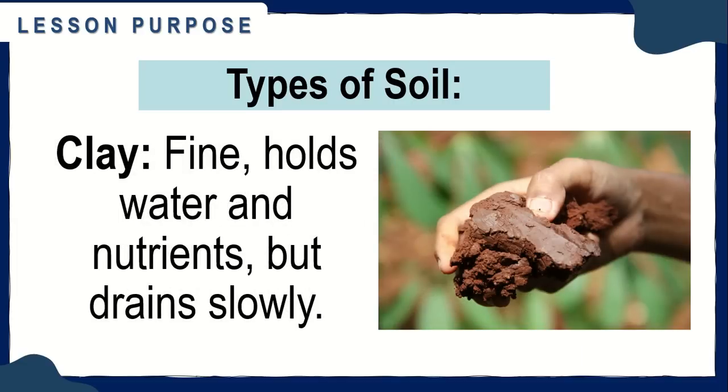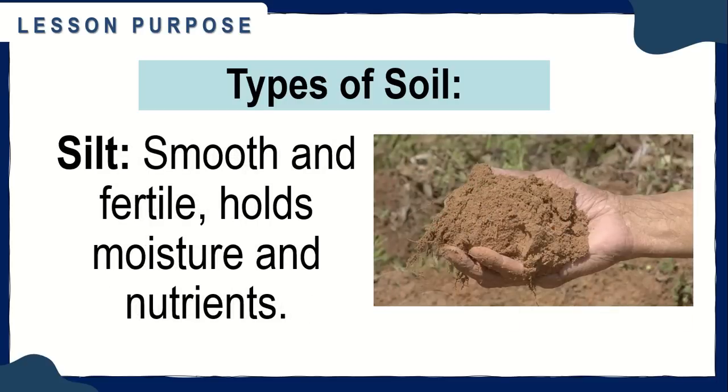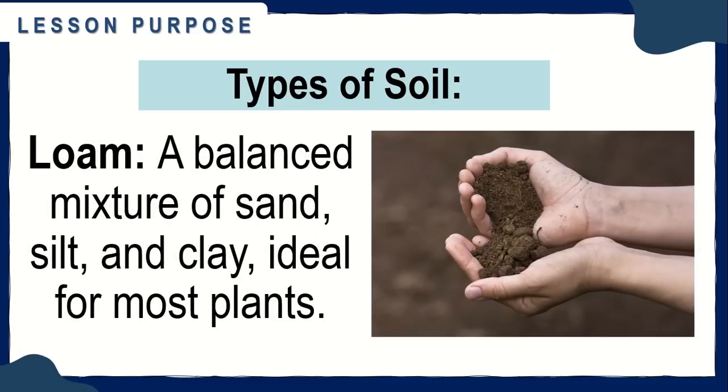It is fine, holds water and nutrients, but drains slowly. Next, we have silt. It is smooth and fertile, holds moisture and nutrients. Loam, a balanced mixture of sand, silt, and clay, ideal for most plants.